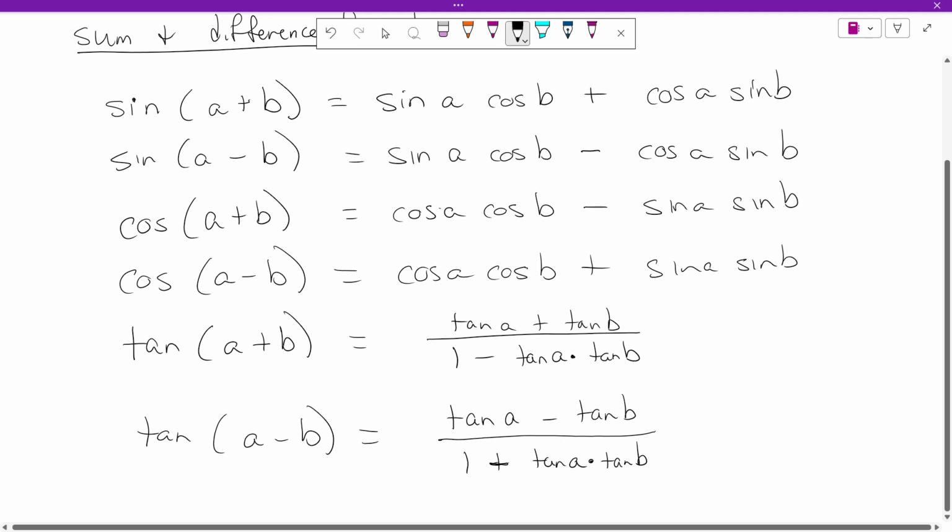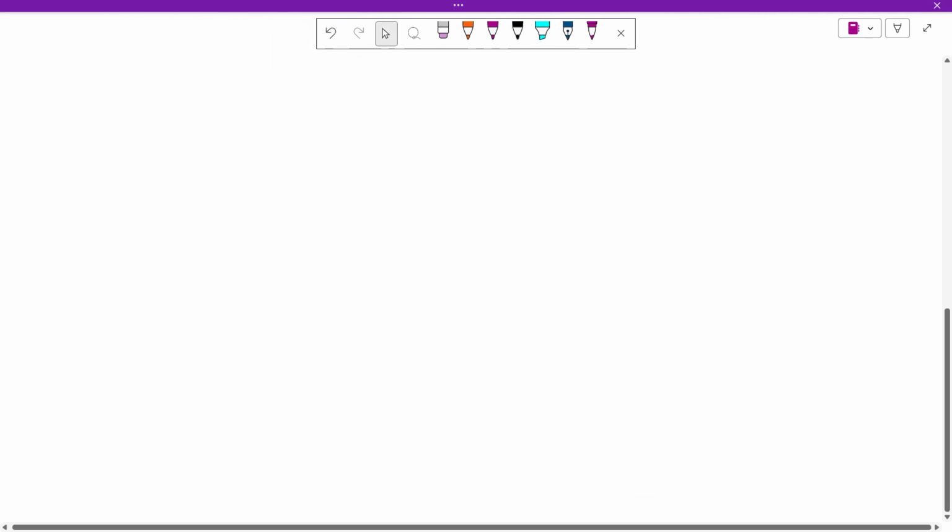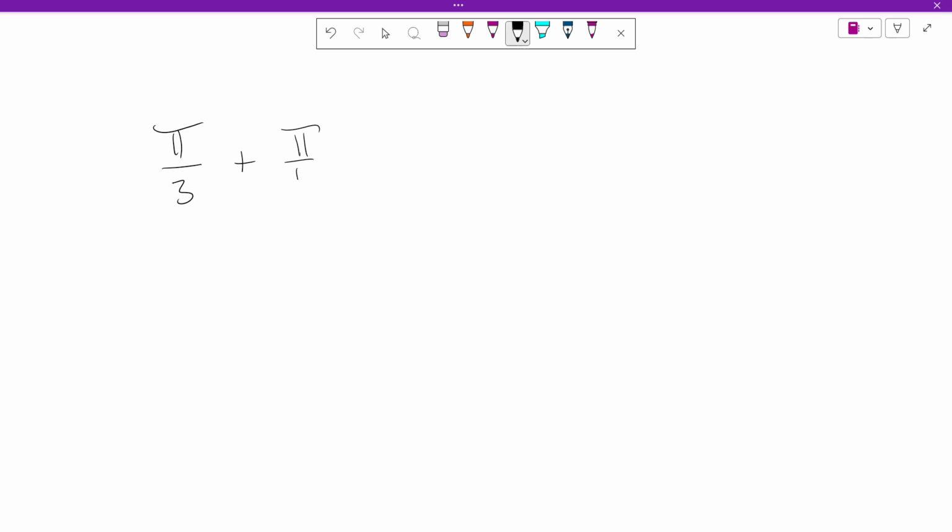All right, so before we can get to the meat and potatoes of sum and difference formulas, we got to go back and remember how to work with radians a little bit better. So we're going to work with radians a little bit. What's pi over 3 plus pi over 4? What do those two add up to? Is it 2 pi over 7?